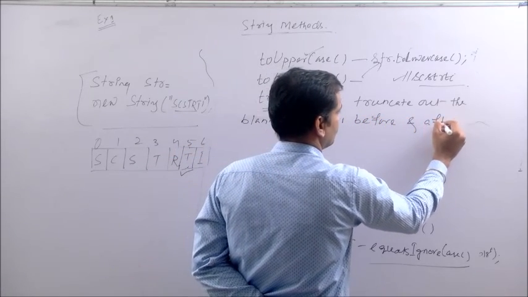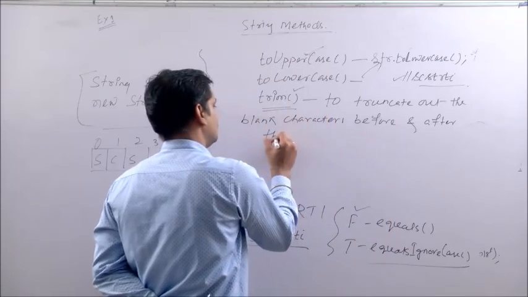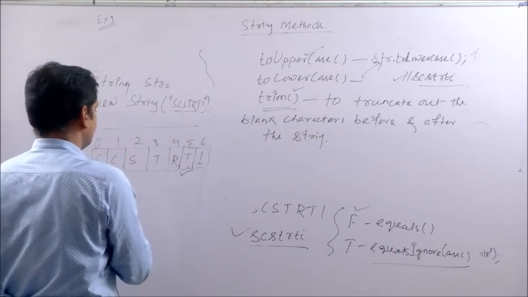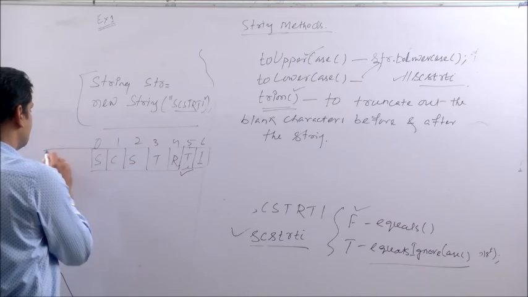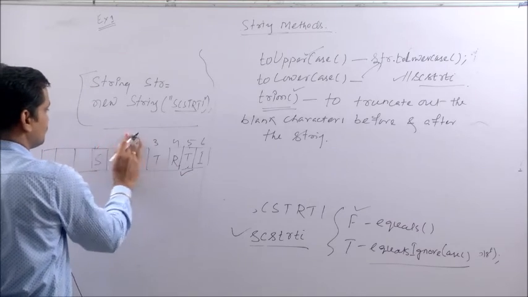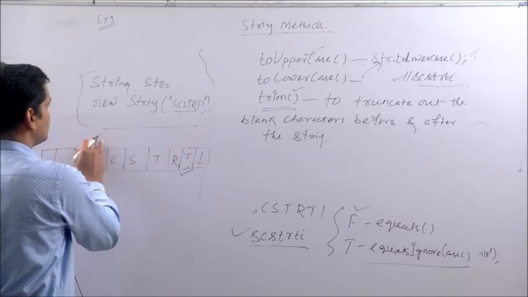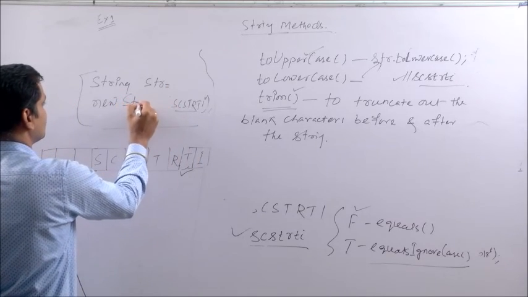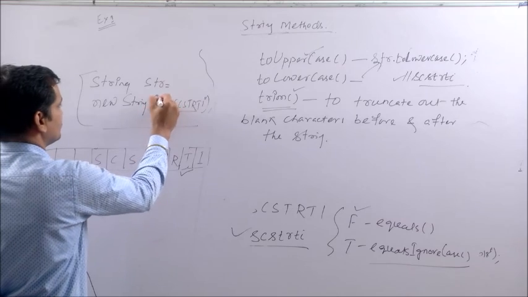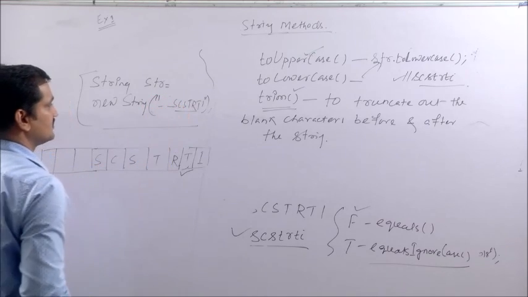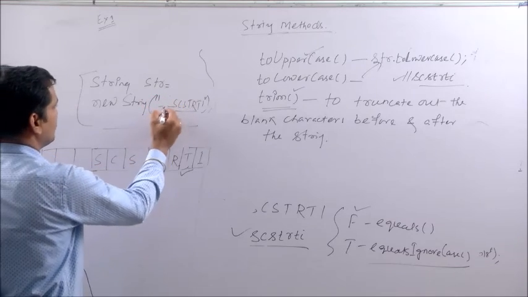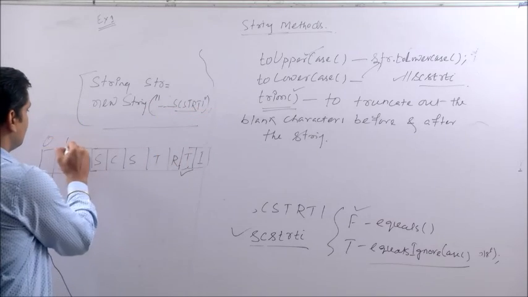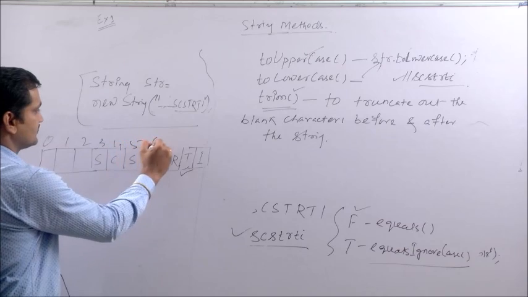Suppose the string is like this, having three blank characters and then SCSTRTI, and these are the indexes.